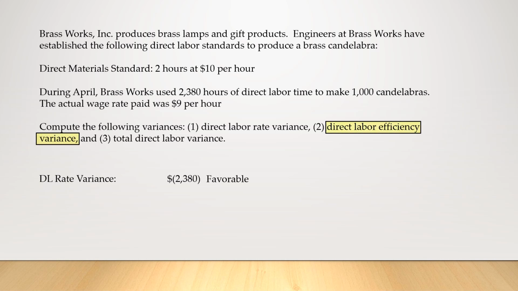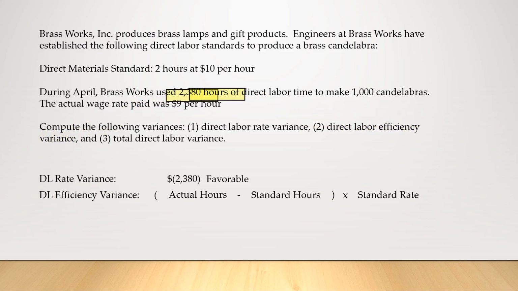Number 2, the direct labor efficiency variance is the difference between the actual and standard hours multiplied by the standard rate. Actual hours are 2,380. Standard hours are 2,000.